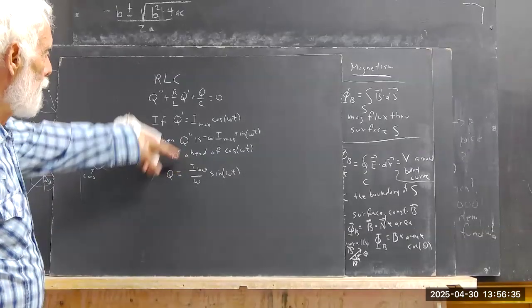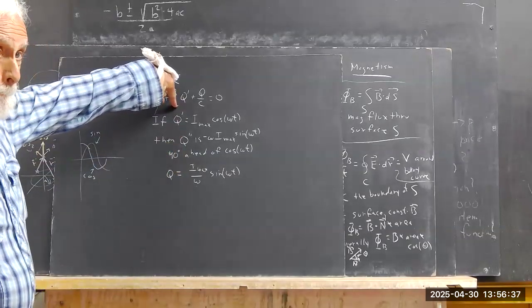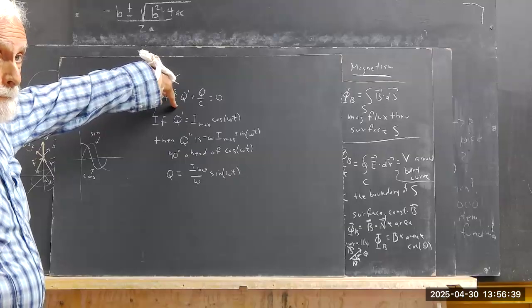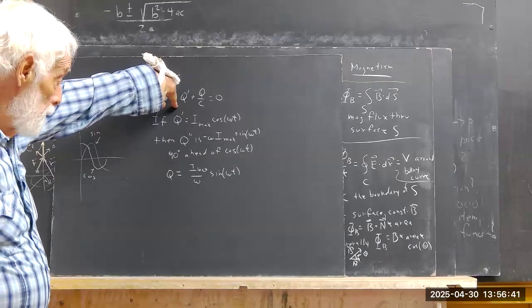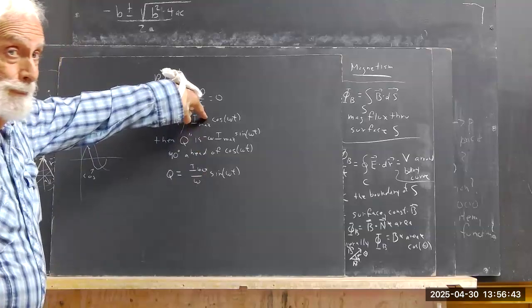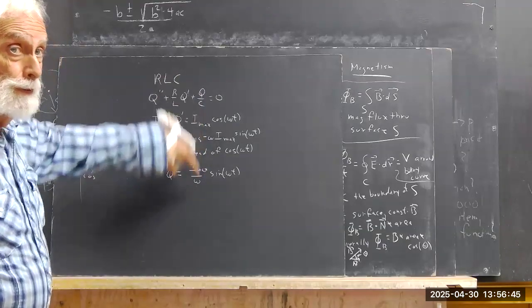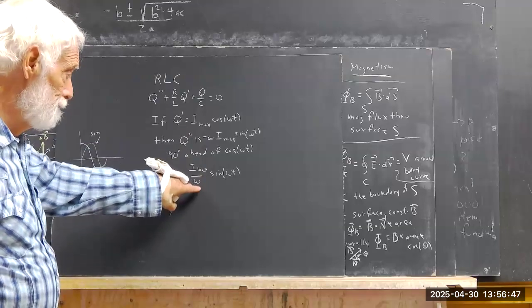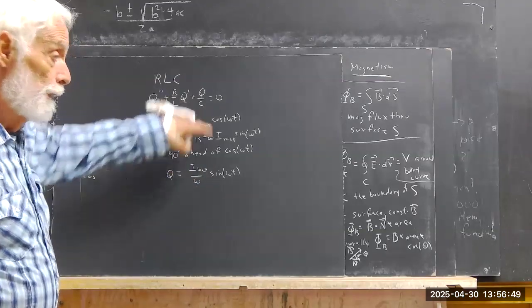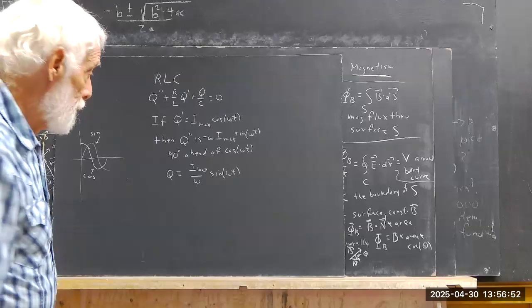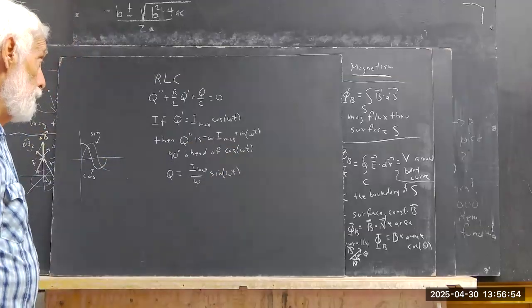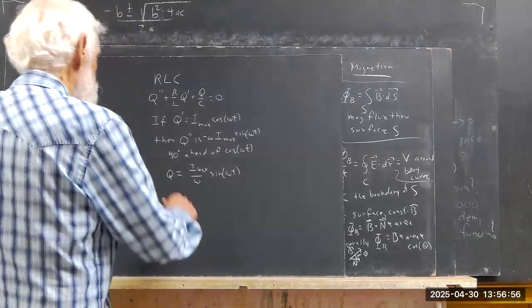The derivative of Q has to be Q prime, right? The derivative of this is this. No, this is the antiderivative. This is Q, the basic antiderivative of this, right? And there's no integration constant involved. The reasons should be obvious.